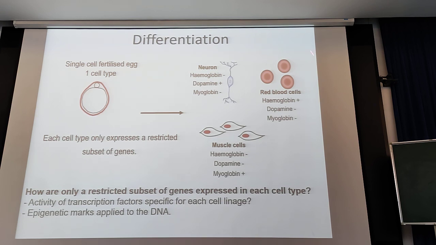On the other hand, in a cell that produces blood cells, the genes related to expressing hemoglobin are turned on, and the subset of genes related to dopamine and myoglobin are turned off during development.